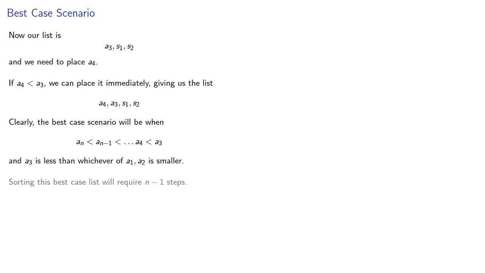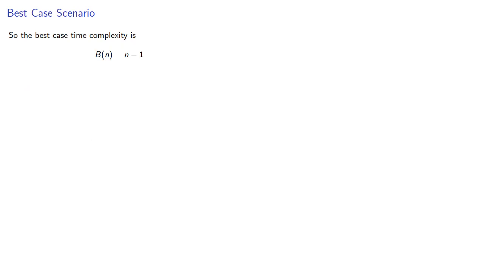Sorting this best case list will require n-1 steps, so the best case time complexity is. Generally speaking, we don't care about the best case time complexity, except when we do.